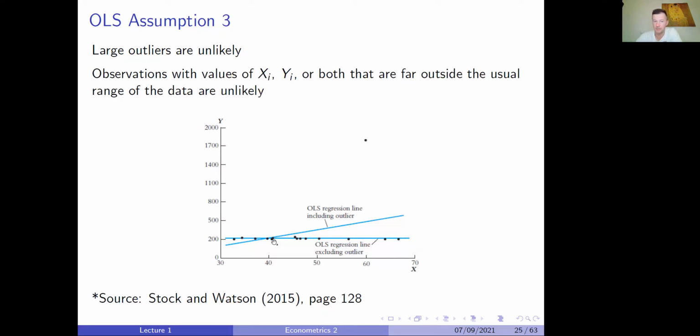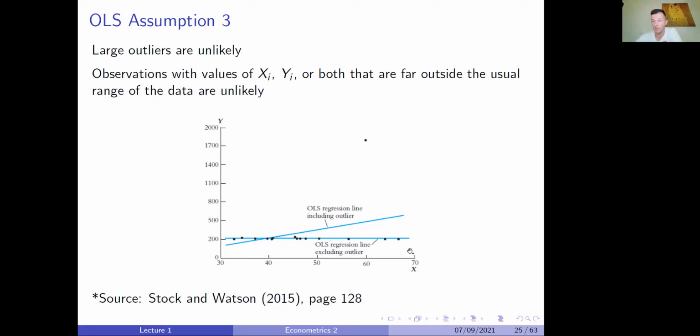And look what happens. If we throw away this outlier, then our OLS regression line would fit perfectly our observations. So the error terms are going to be very, very small.